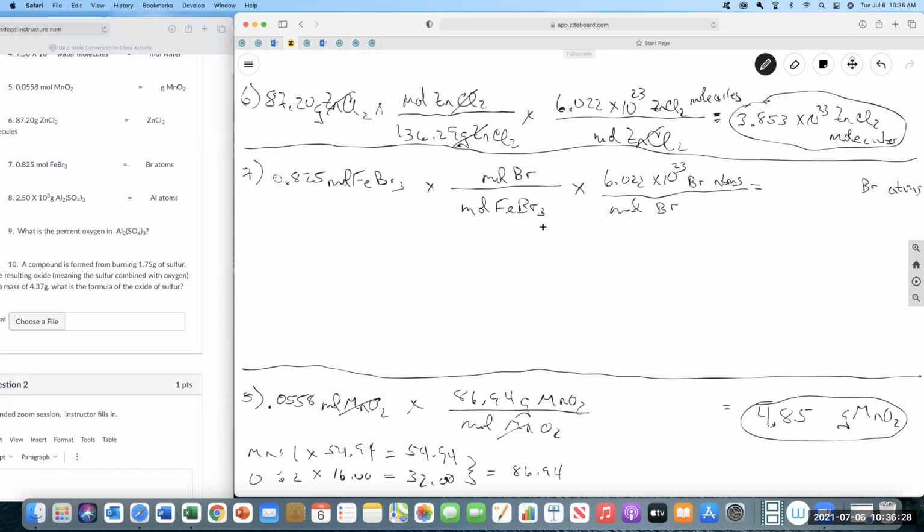And then you can see from the formula that the formula is good for one molecule. It's also good for moles. So there's 3 moles of Br in a mole of FeBr3. How do we know that? Because that's the meaning of a formula. So again, it's really important to not just write moles, but write moles of what? 0.825 times 3 times Avogadro's number.